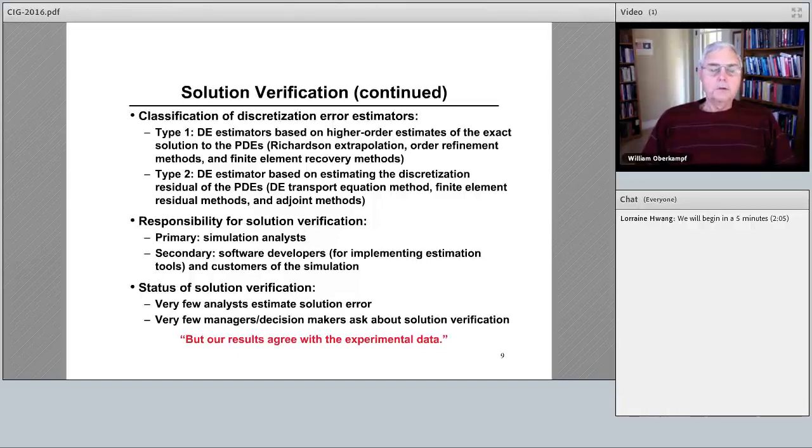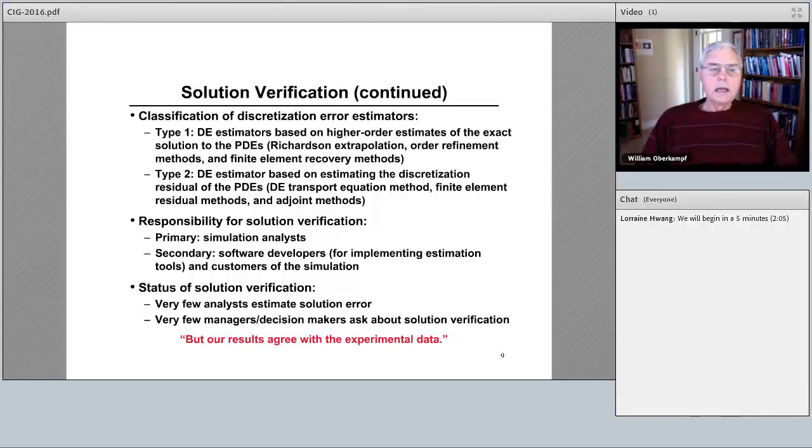Because to do these, for example, Richardson extrapolation, which is the one I'm most familiar with, or order refinement or finite element recovery, these are pretty significant pieces of software in themselves. And most computational analysts say, I would use that error estimator if it was provided as an option, let's say, in the software. So there is a responsibility for software developers to develop these tools, to make them easy to use.